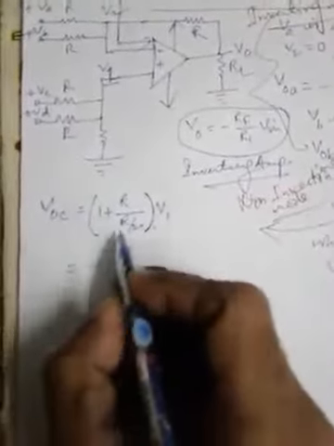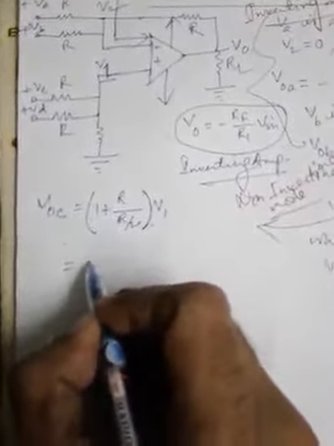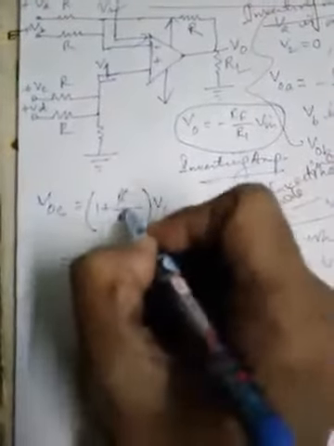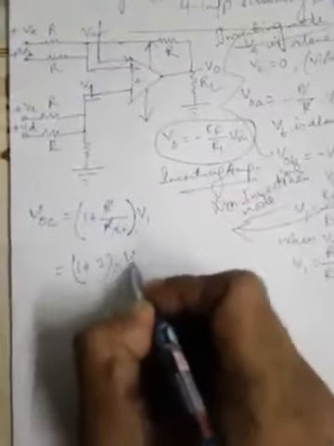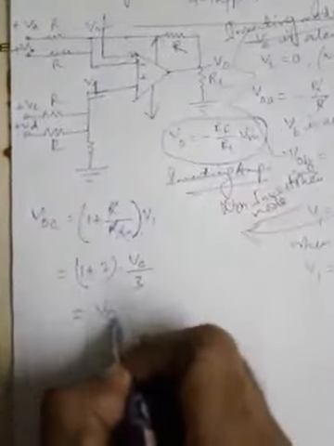So it may be written as 1 plus 2, R gets cancelled, and what is V1? It is VC by 3. So therefore it is VC. So VOC is nothing but VC. Similarly, the output voltage due to input voltage VD acting alone, VOD, should be VD.